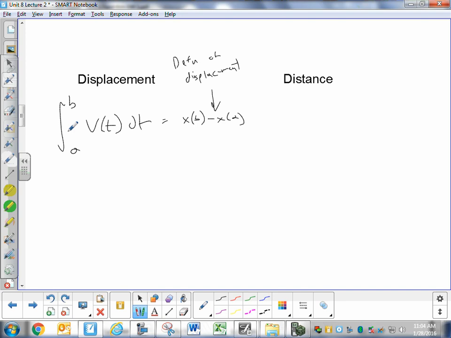Well, distance, I want to take the absolute value of all of my displacements. So I need to take the absolute value of all my velocities times time. Well, I could do this. I could say, okay, take the absolute value of all of my velocities times my times.